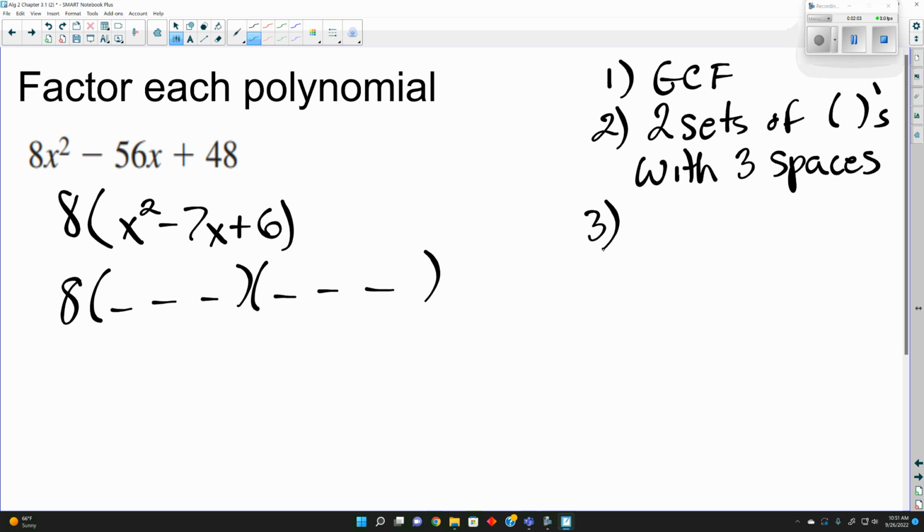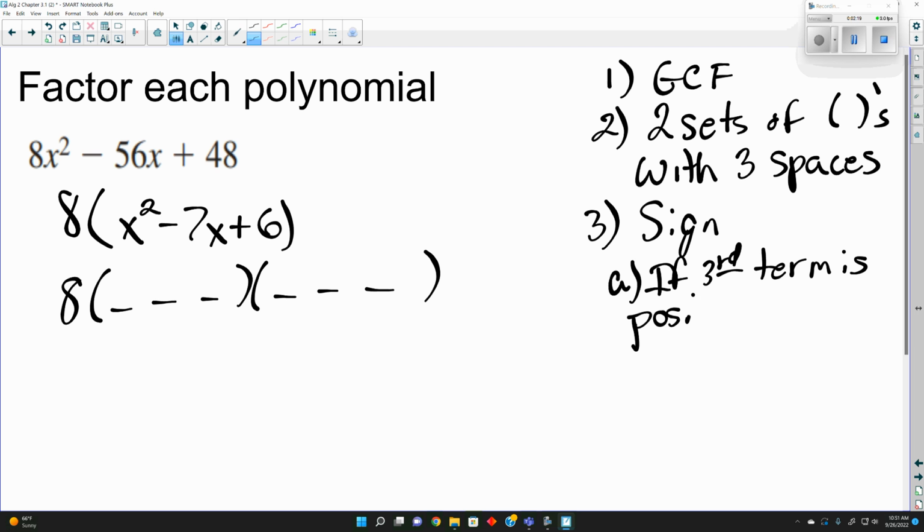To write two sets of parentheses with 3 spaces. Our third step is to find the sign. If the third term is positive, then the signs are the same and match the sign of the middle term.